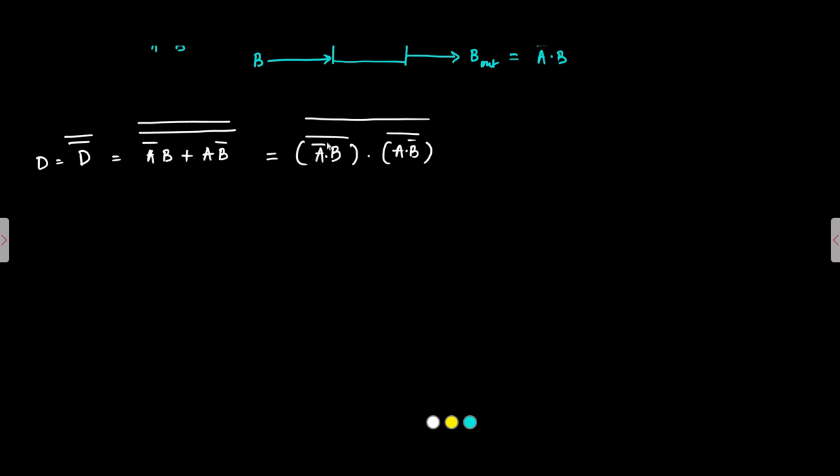So great, again A B bar AND form and whole complement, and the entire expression A bar B whole complement and A B bar whole complement, whole complement. So everything is in AND form, product form and in complement form.